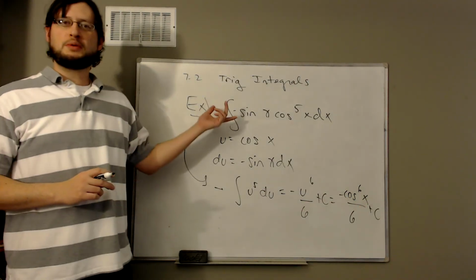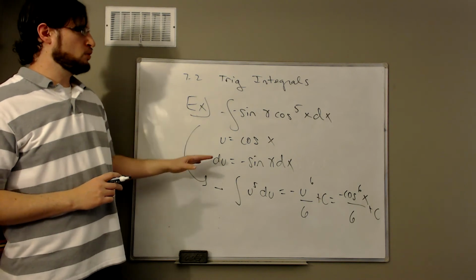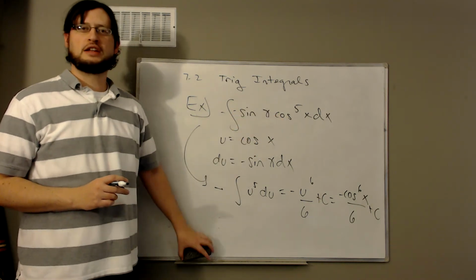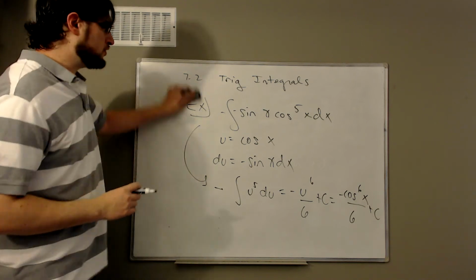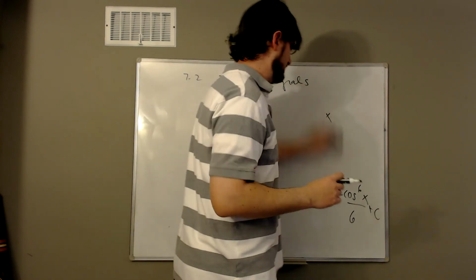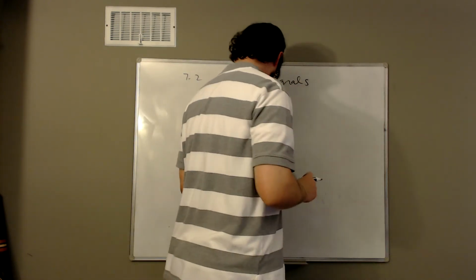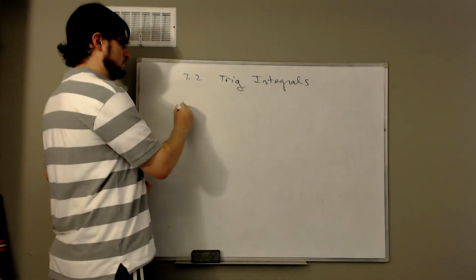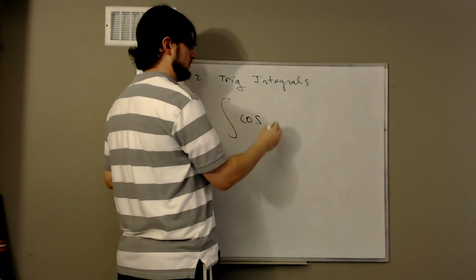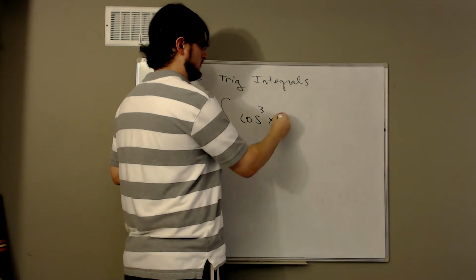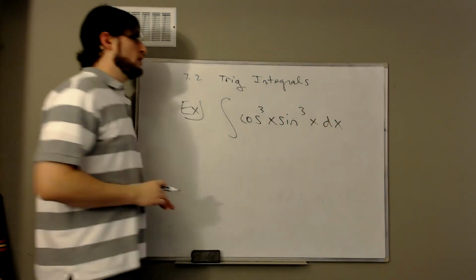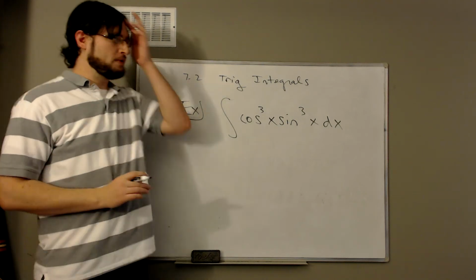And so a similar argument will work if we have a single cosine and the rest are sines. We also saw an example which is a bit more complicated, but uses the same idea. Cosine cubed x, sine cubed x.